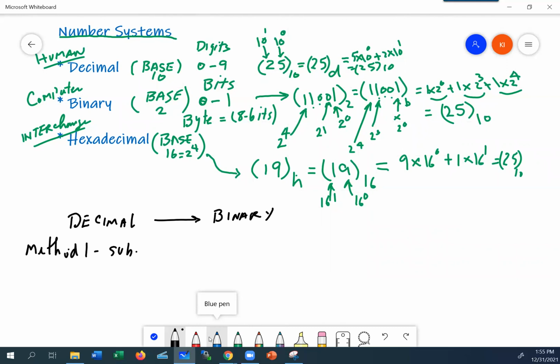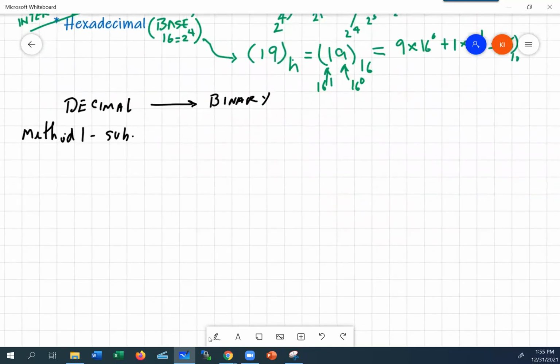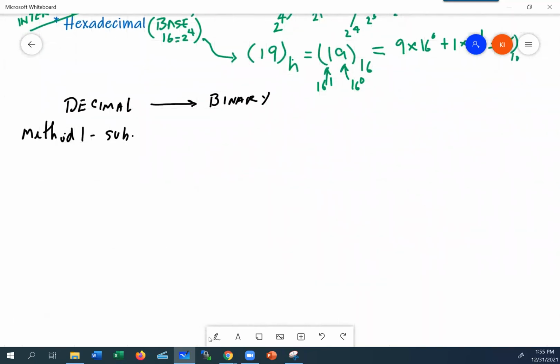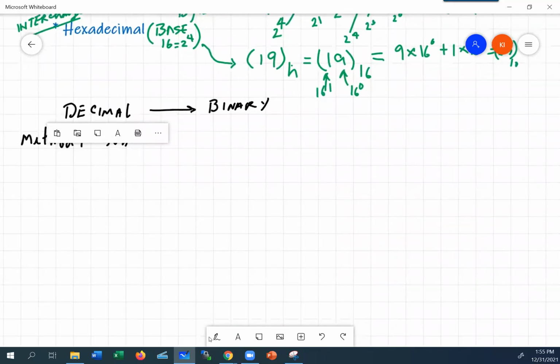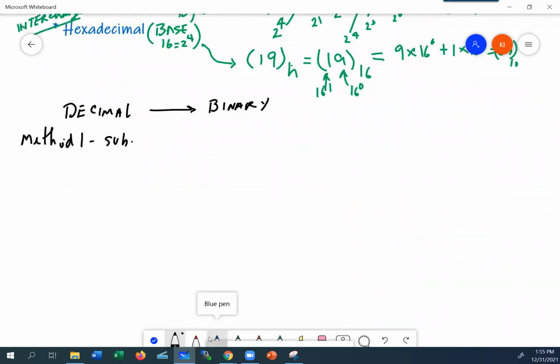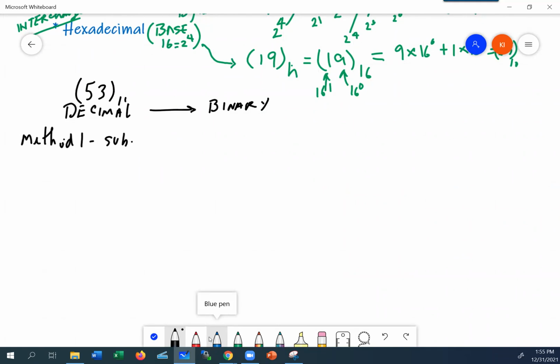Okay. So in order to do this one, let's pick a number. The decimal number given is 53, and they're asking us what is the binary equivalent of that. So the method works like this. You find the largest power of 2 that's less than 53.